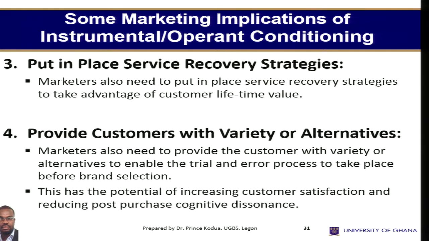Because the trial and error process moves them more towards satisfaction because they would have tried, compared and evaluated. They are in a position to evaluate. So where possible, marketers need to provide customers with variety or alternatives. Because where there are alternatives, it increases the chances that they will make the right choice and be satisfied.